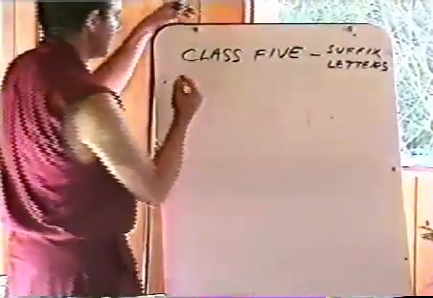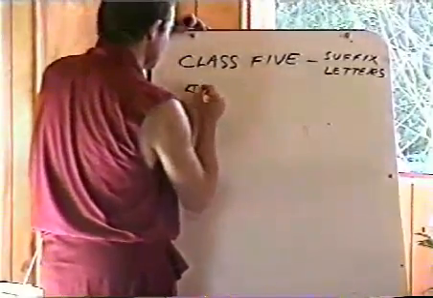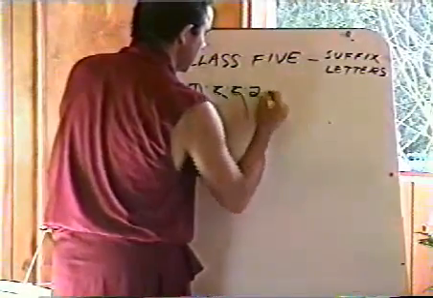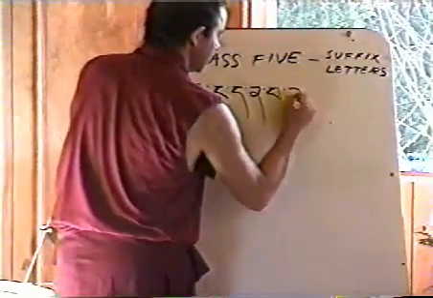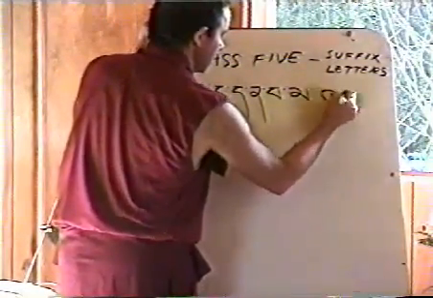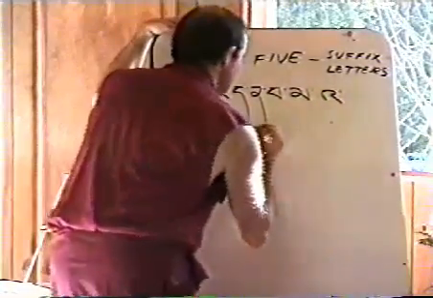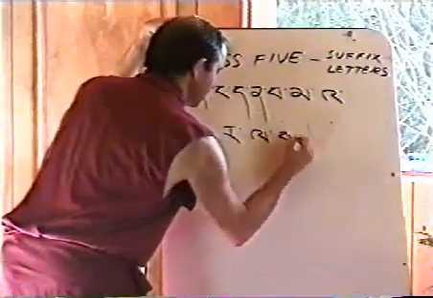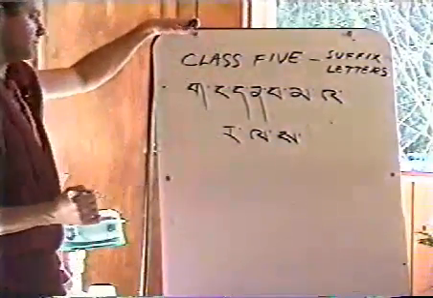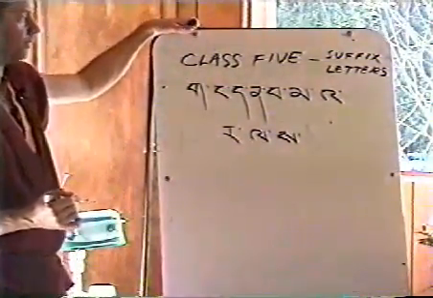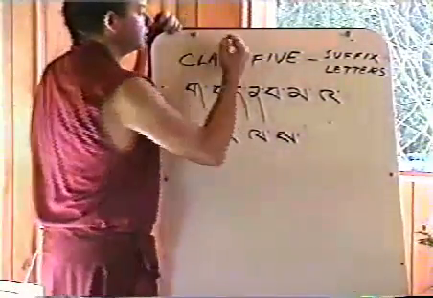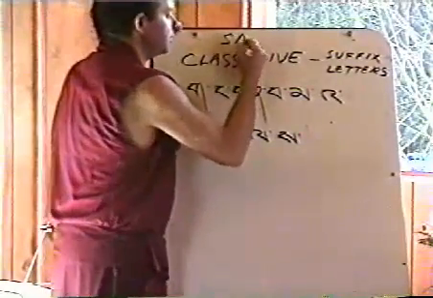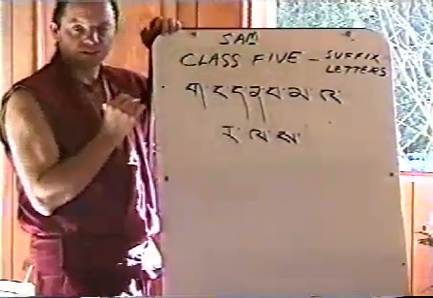What are they? Ka, Na, Ta, Na, Pa, Ma, A, Na, Sa. Suffix means it's at the end of the sound. Like if you say Sam, the name Sam, the M would be a suffix letter.